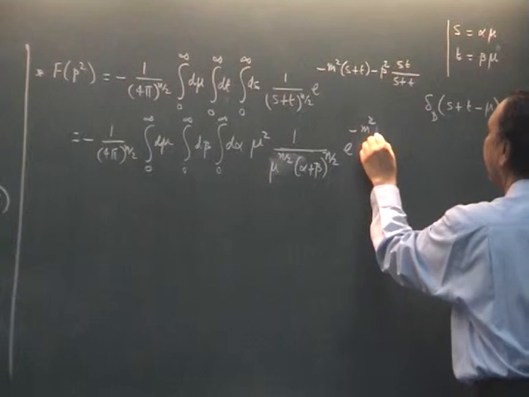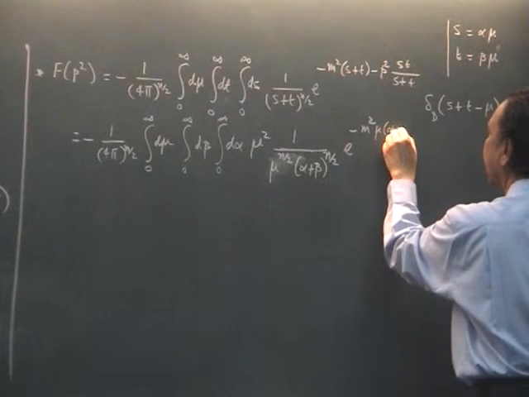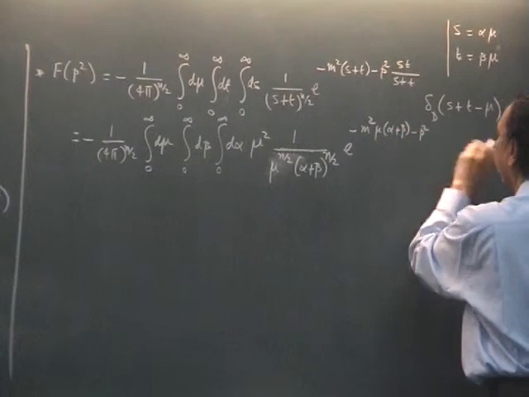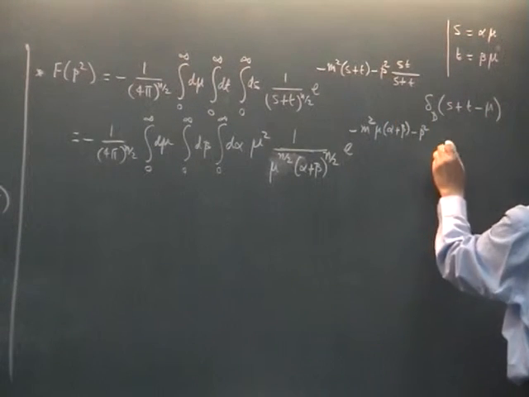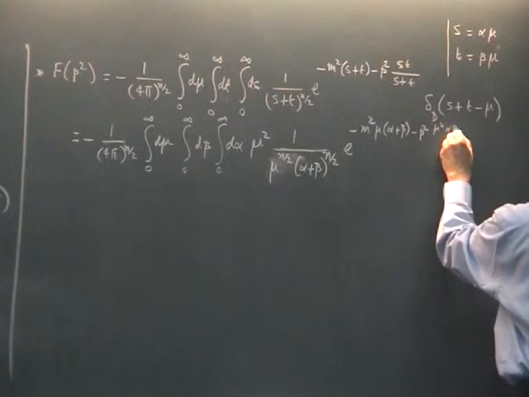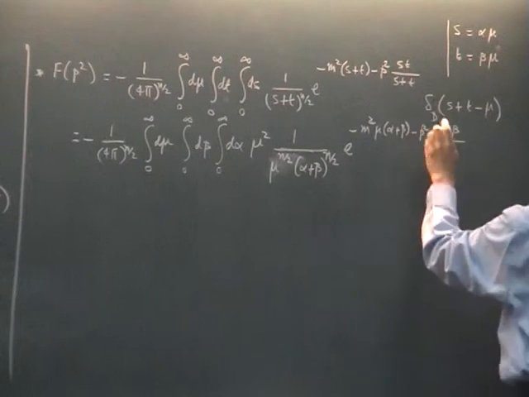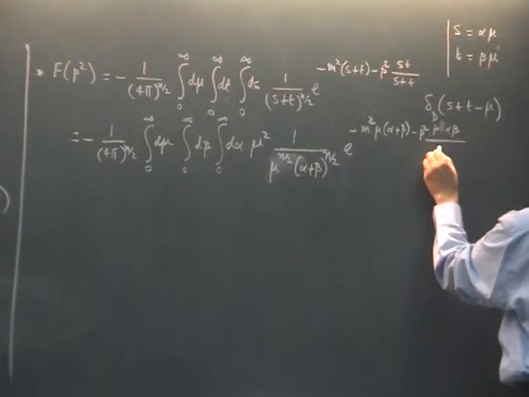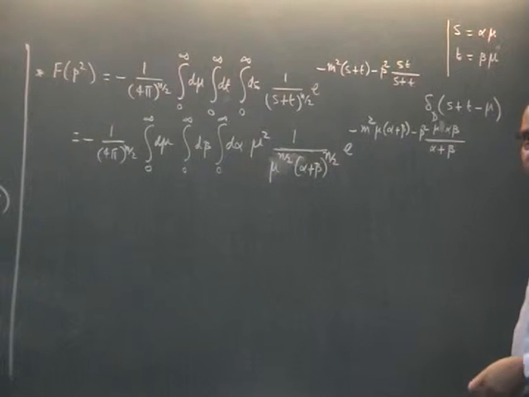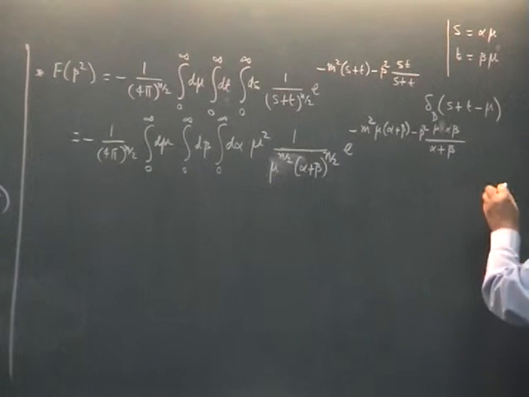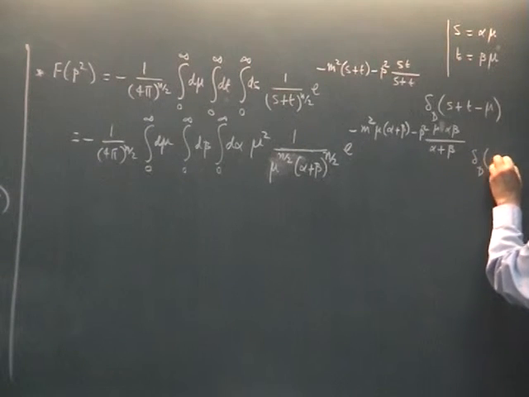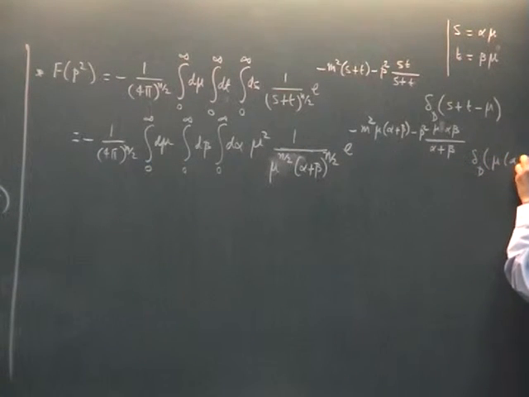Here again I have a mu alpha plus beta minus p square. St is going to pick up a mu square on top, mu square into alpha beta divided by 1 mu, so that leaves a mu on top, alpha plus beta, okay, multiplied by Dirac delta function on mu into alpha plus beta minus 1.